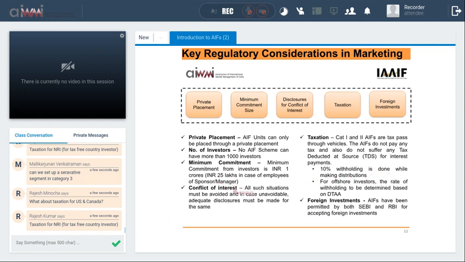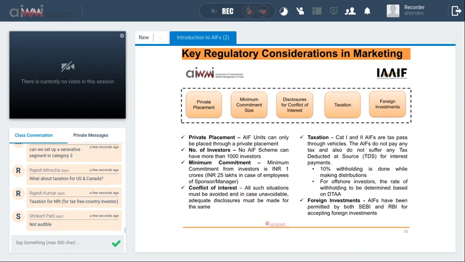Okay, so we covered a bit about, just mentioning about foreign investments. So AIFs can take in money from foreign investors, and they need not be registered as an FPI. They need not be registered as anything.